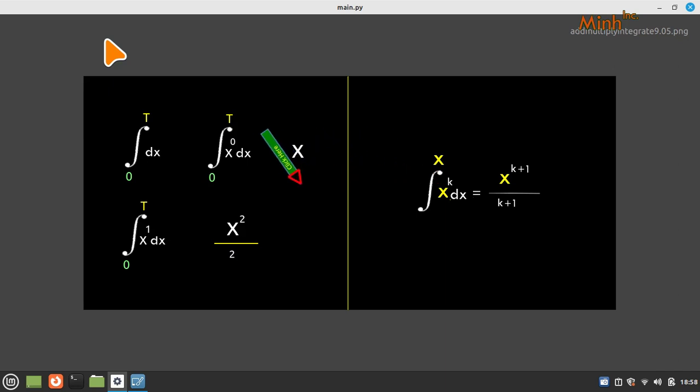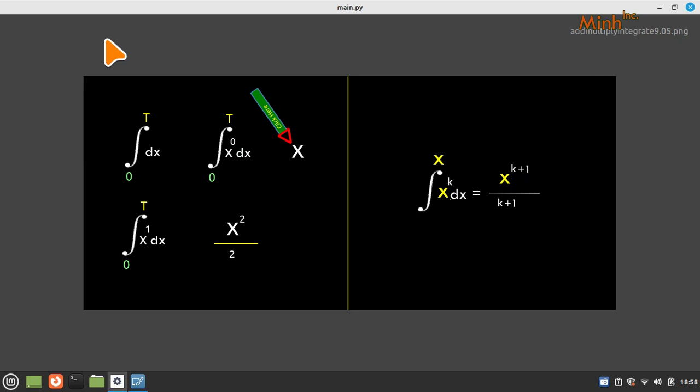Now if I just say integration of dx, then it becomes x to the power 0 dx, and it is x. And if I say integration of x to the power 1, meaning x dx, it becomes x square by 2. So this is a triangle, the area of a triangle, and this is a rectangle.